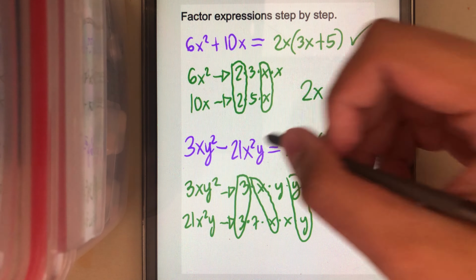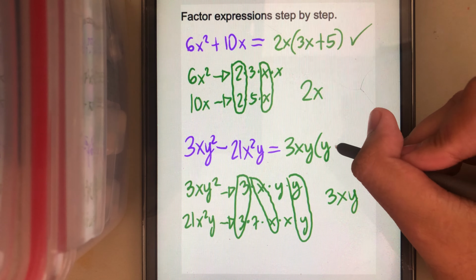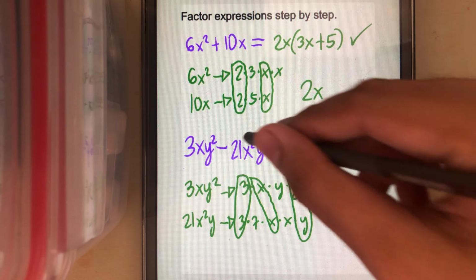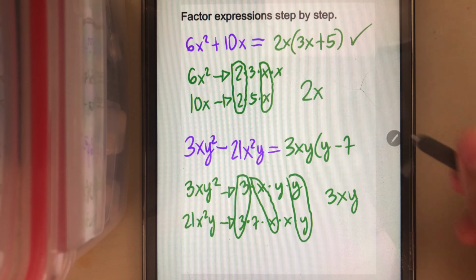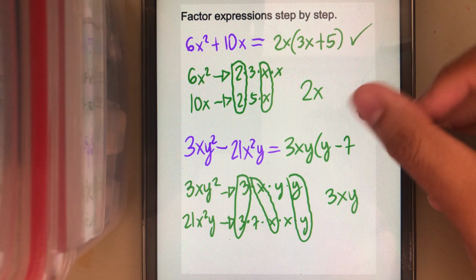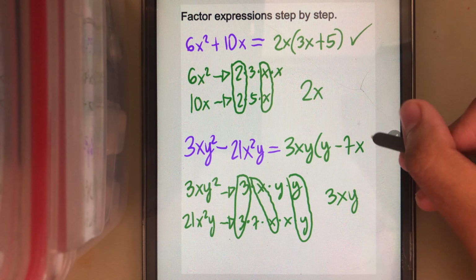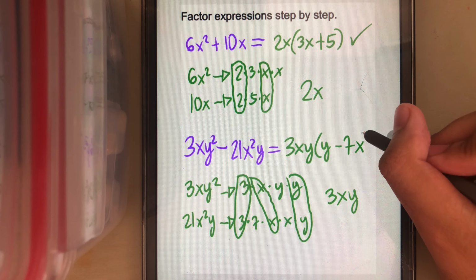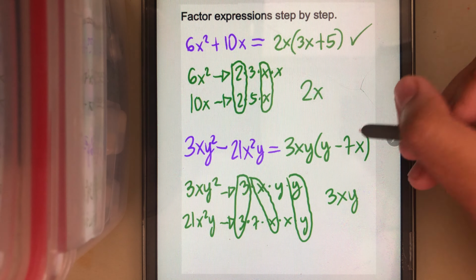And then minus 21x squared y divided by 3xy is equal to minus 21 divided by 3, which is 7, and x squared divided by x is x, and y divided by y is 1. So nothing changed. Our answer in number 2 is 3xy times y minus 7x.